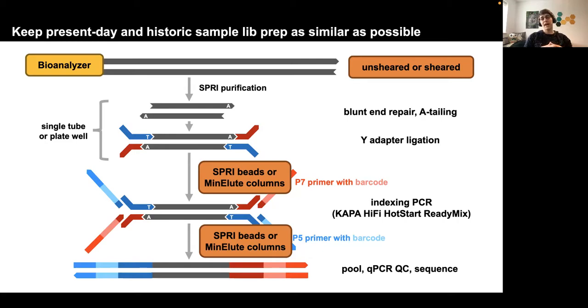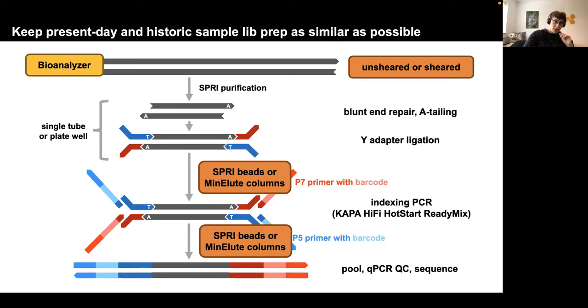And based on that, we split the extracts into 2 groups. One group was DNA like the one I showed that had 5,000 base pair fragments, so really long DNA. And for those extracts, we decided to split it in half, do 1 sheared and 1 unsheared before library preparation. And for all of the extracts that had very short DNA, we did post-ligation and post-indexing, either a SPRI-B purification or a MinElute purification.